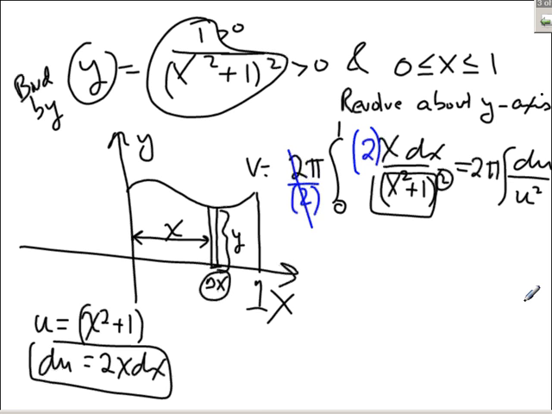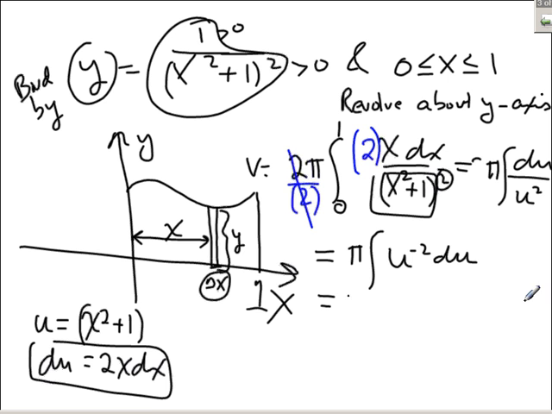Coincidentally, the 2's cancel out. So basically, you have pi times the integral of du over u squared, which is the same as pi times the integral of u to the minus 2 du.